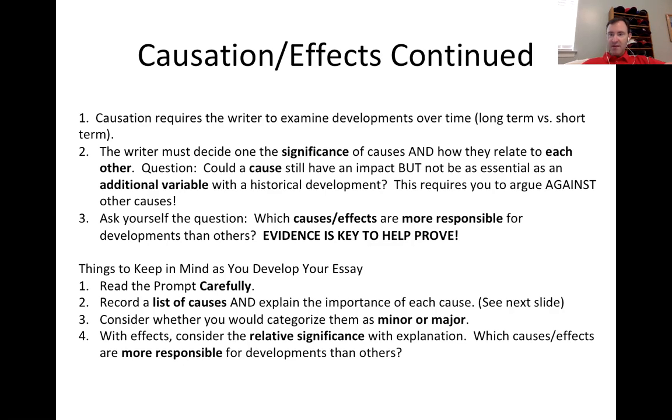However, one of them is more significant because of X, Y, or Z. So the writer must decide on the significance of causes and how they relate to each other. That is complexity, or at least moving in that direction.